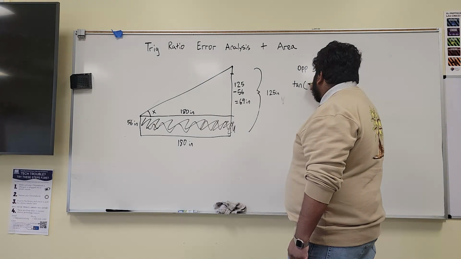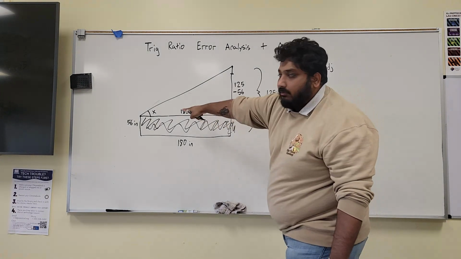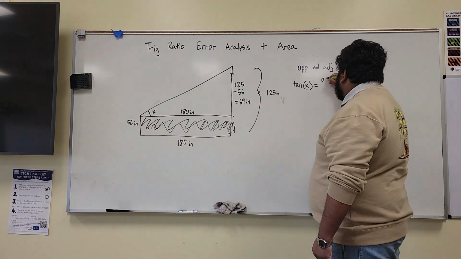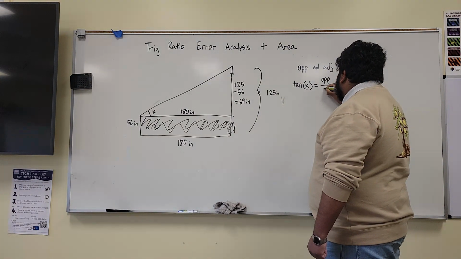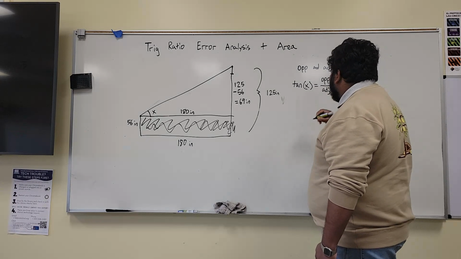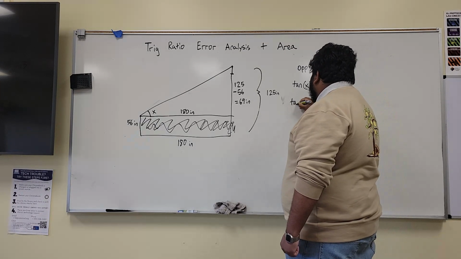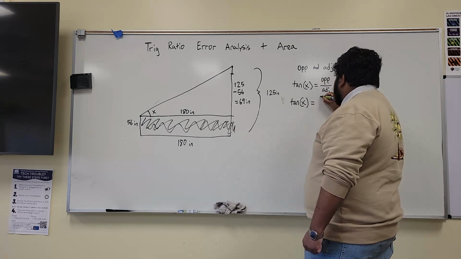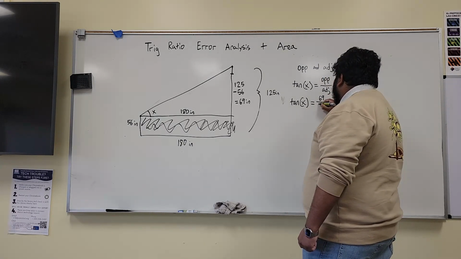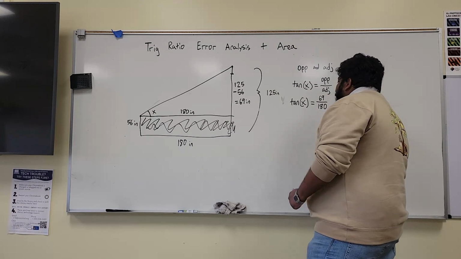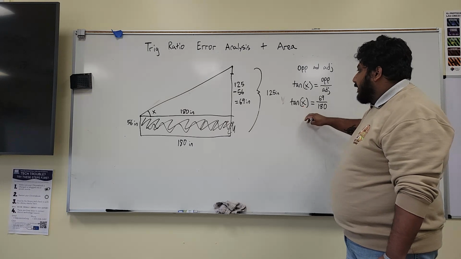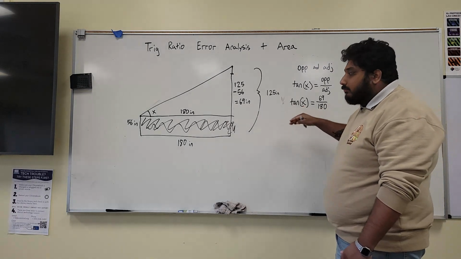So we'll say tangent of x, our angle over there, is equal to the opposite over adjacent. We're going to sub in our values now. That's going to be 69 over 180. Now, in order to solve for that x, we have to use the inverse function because we have to cancel out this main function.